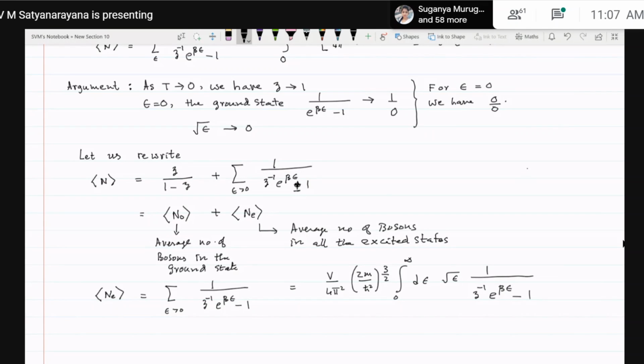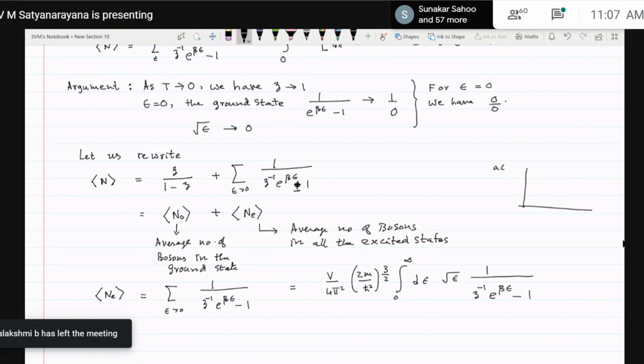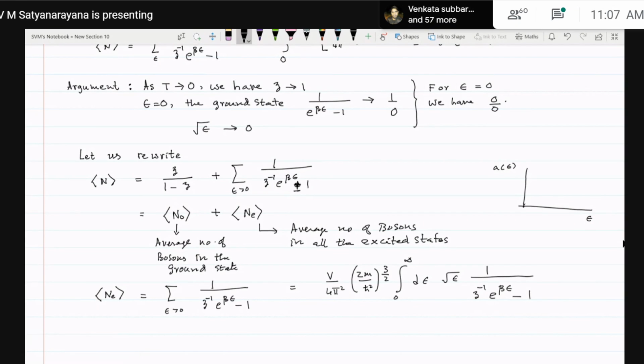What I'm trying to say is, if you plot A of epsilon versus epsilon, it looks something like this. This is basically square root of epsilon. So very close to the ground level, A of epsilon is very close to 0, and hence even if I put this limit to be 0, I will not really make much of a contribution to this integral.